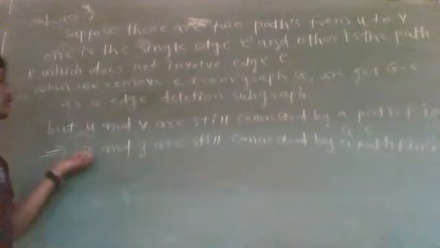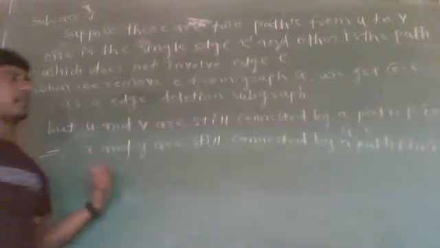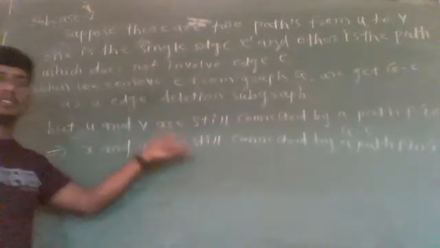So here any two vertices X and Y are still connected by a path in G minus E, which implies G minus E is a connected graph.